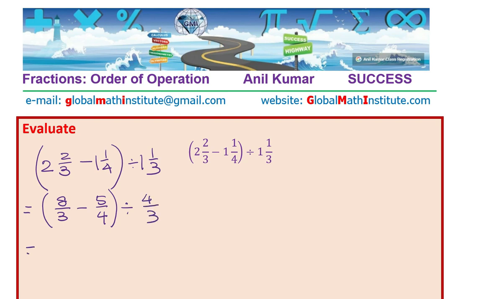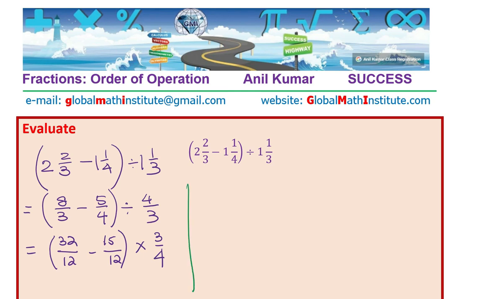Clear? Common denominator between 3 and 4 is what? Well, 3 times 4 is 12. So we'll make both as 12, correct? To make 3 as 12, we have to multiply by 4. So 8 times 4, 32. 4 times 3 is 12, so 15. And now we are going to flip it, right? 3 over 4 to multiply.